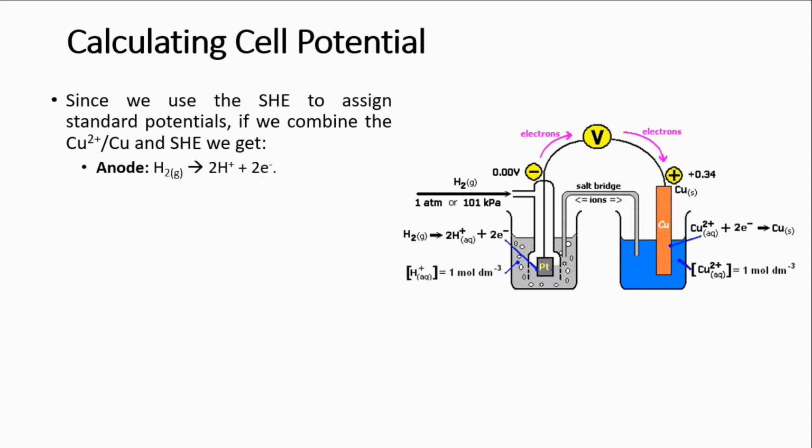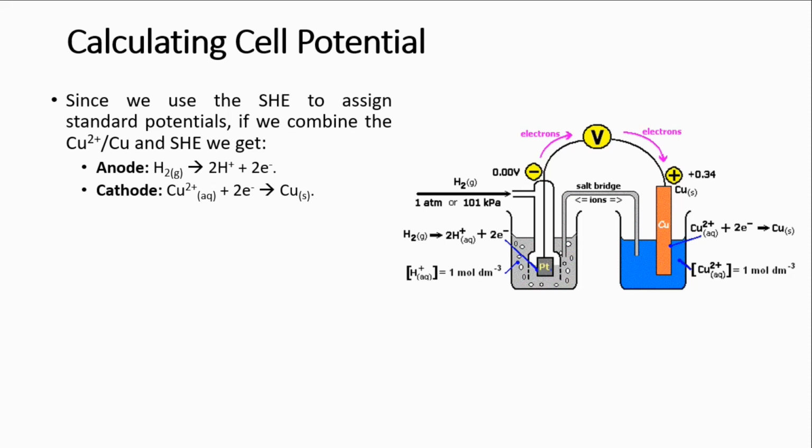So if we combine the copper electrode with copper sulfate solution with the SHE, then of course at the anode we have hydrogen gas being converted to hydrogen ions, because that is the reaction that occurs at the SHE. And then at the cathode, we have copper ions in solution being reduced to form copper solid, because we know that is what happens at the cathode.